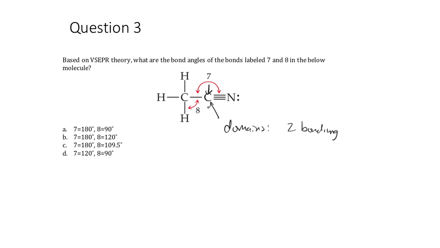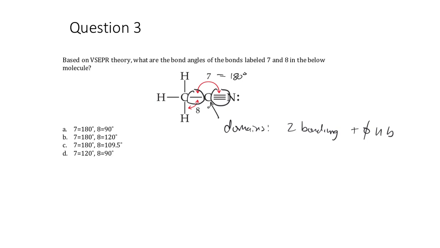So it has 2 bonding domains plus 0 non-bonding domains because there are no lone pairs on that carbon atom. I count this as domain number 1, this as domain number 2. A multiple bond is still just one domain, and then the single bond is another domain. So these have to be perfectly 180 degrees, and we should expect that to be pretty dead on 180.